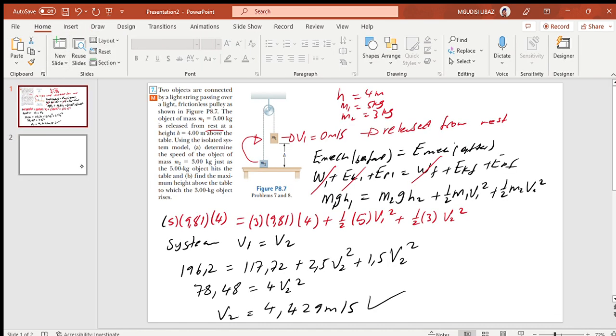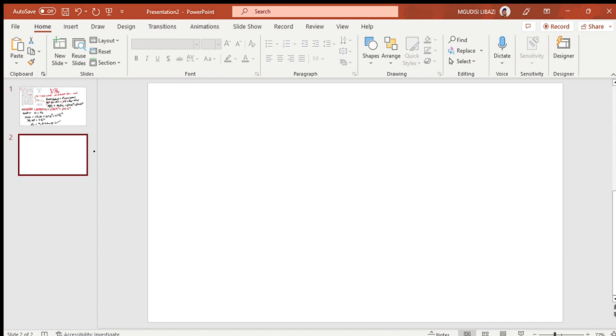So now the second question says find the maximum height above the table to which the 3 kg object rises. So we understand that when this box m2 was on the table, it then rose to a height of 4 meters, where box m1 was.